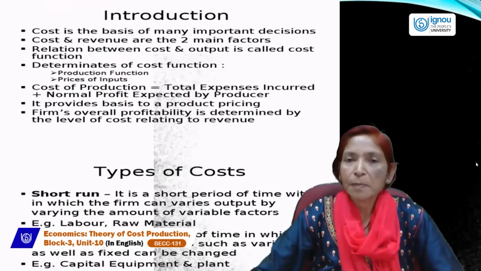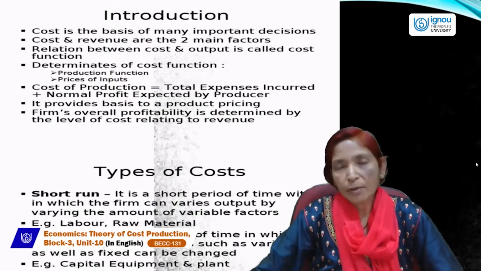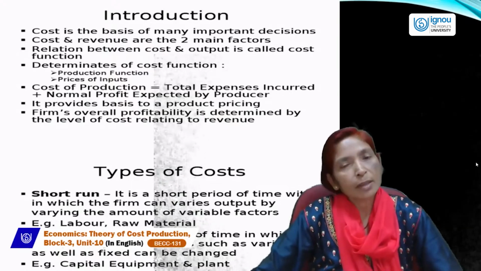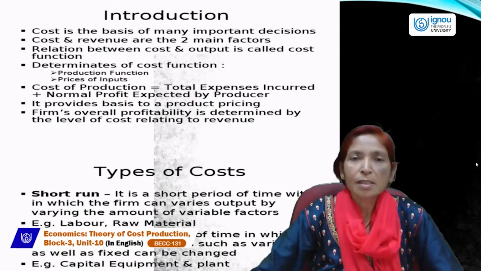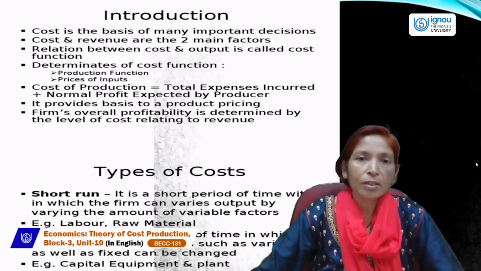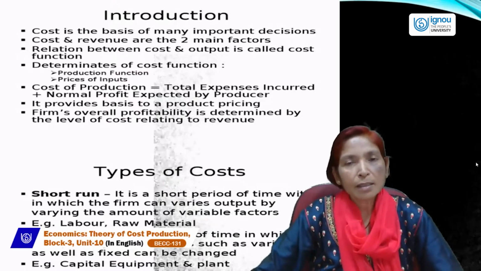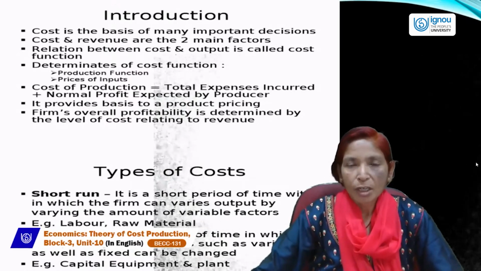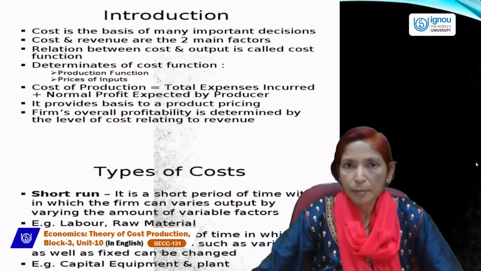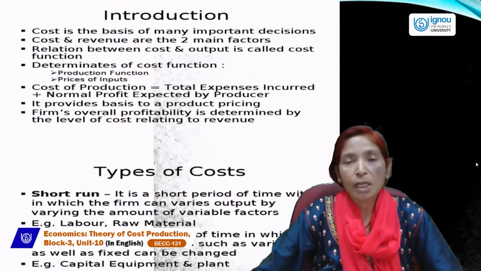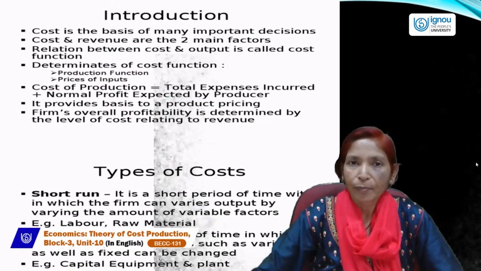Now, next is types of cost. There are two types of cost. One is short run and the other is long run. Short run is that time period in which some factors remain constant and others are variable. In short run, we have a very short time period, so we can't change all the factors of production simultaneously.